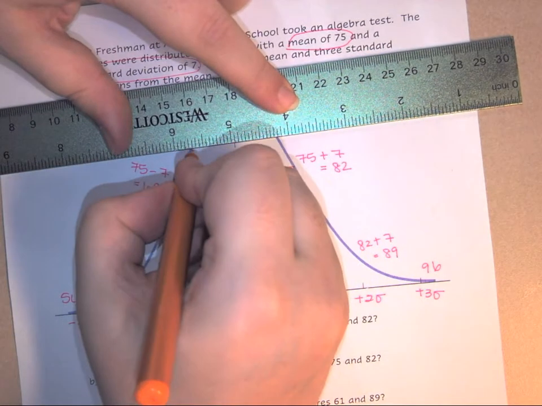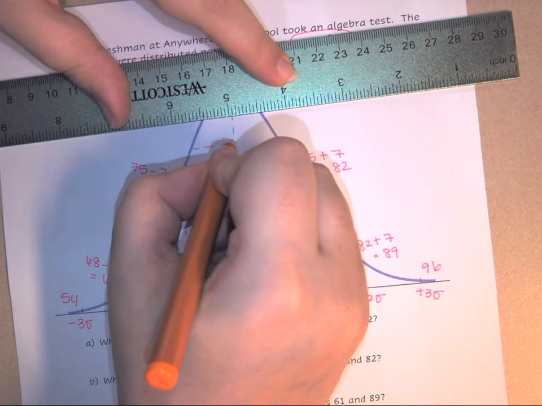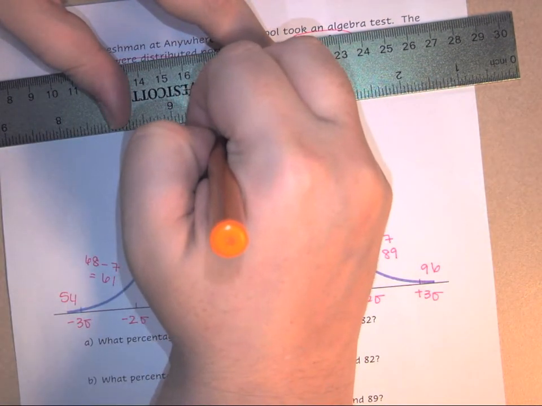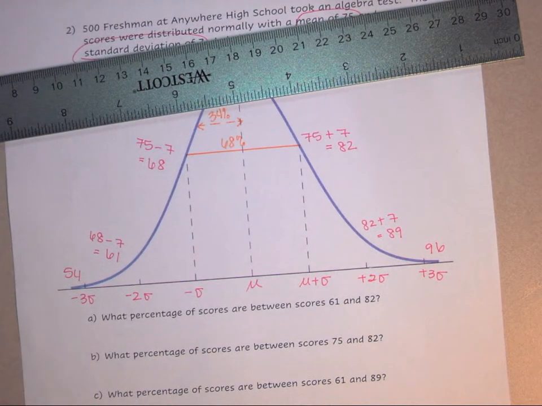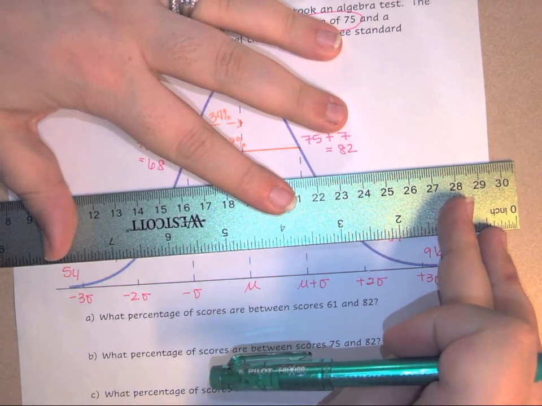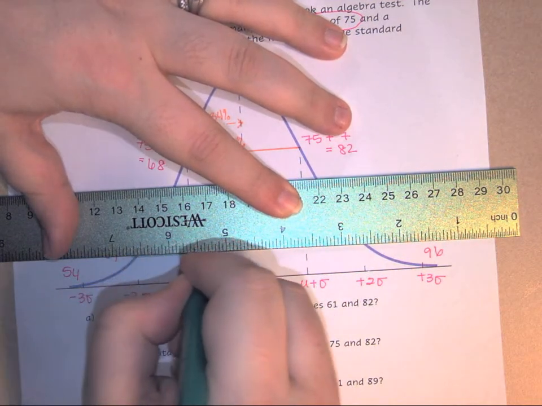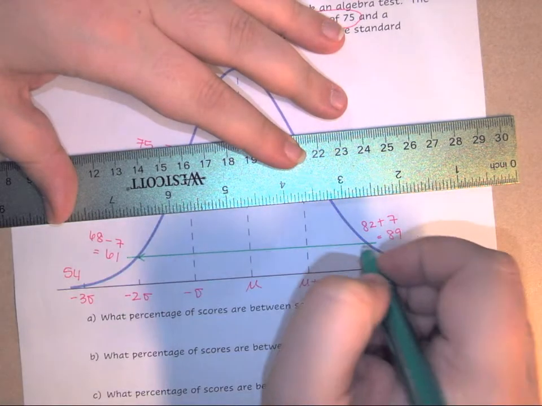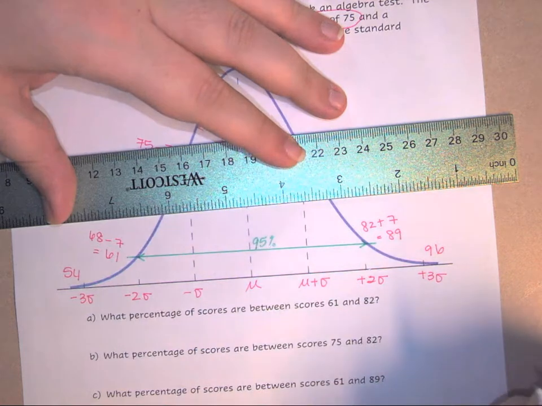As reference, each one of these pieces is worth 34%. My next standards are going to be down here around 2. So we're going to be down here. This is going to have 95% of my data.